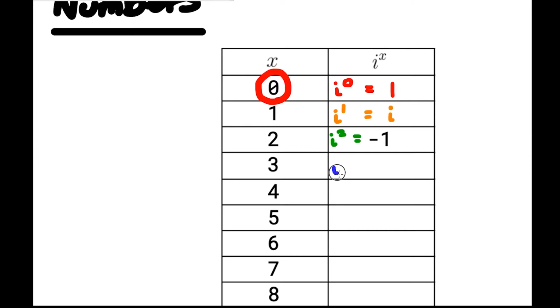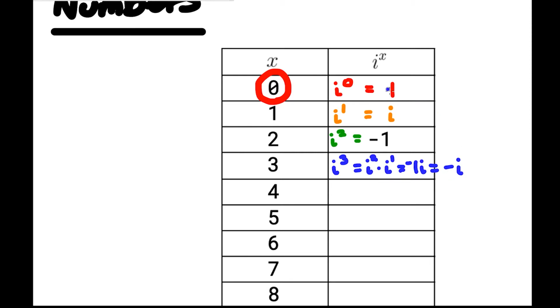Next one is going to be i to the third, which is the same thing as saying i squared times i, because this is technically just i to the first. Well, i squared is -1 times i to the first is just i. So your final answer for this one ends up being -i.